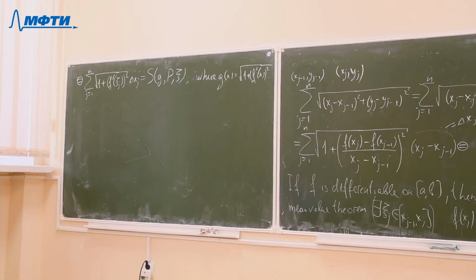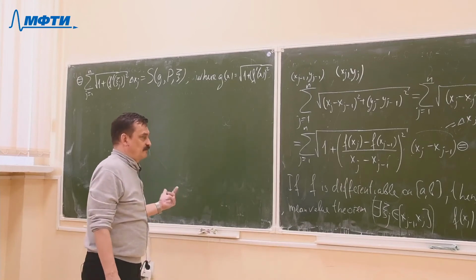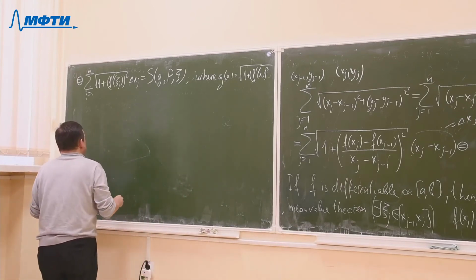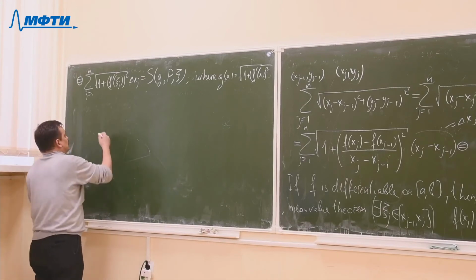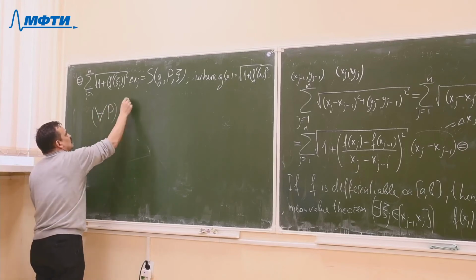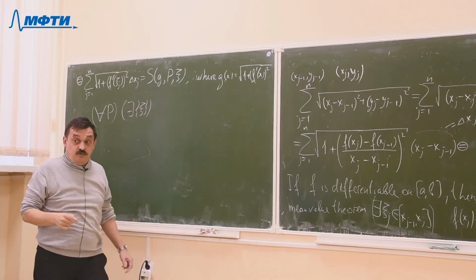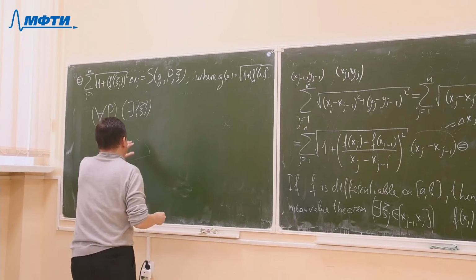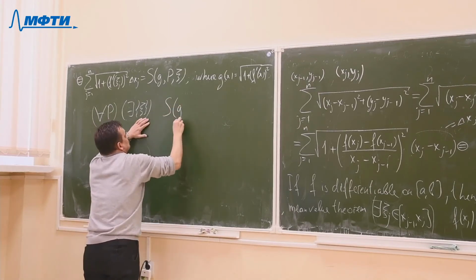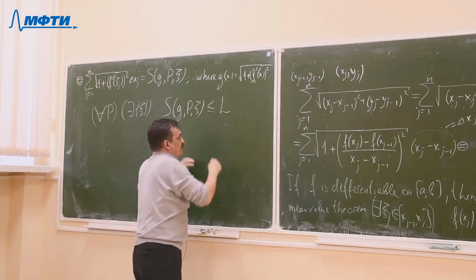So, look what it means. What do we have about length? Let me write down what we obtained. For an arbitrary partition P, there exists a choice of points xi such that the integral sum is less or equal than our length.